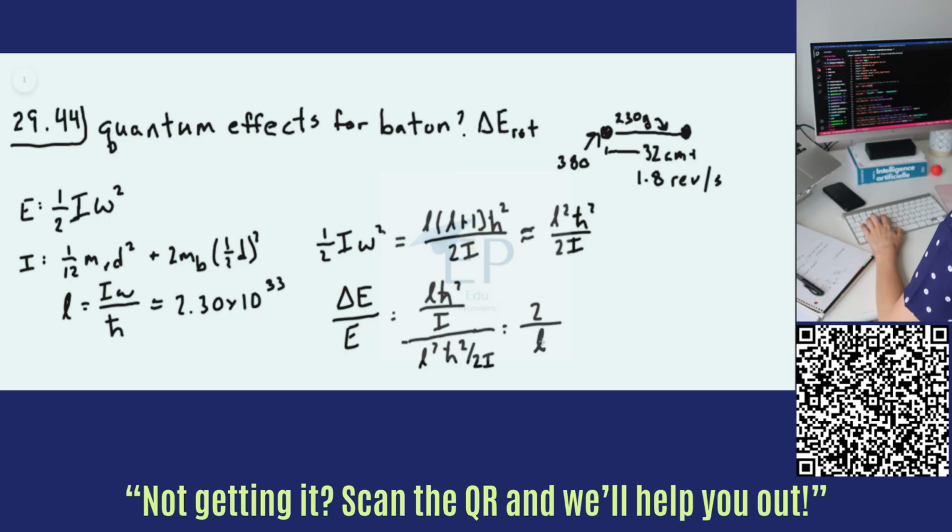Remember, L is gigantic, 10 to the 33rd. And so we get that the energy level separation as a fraction of the total energy is going to be 8.7 times 10 to the negative 34th, which is extremely small.